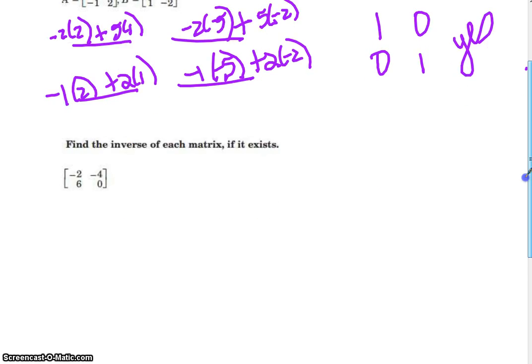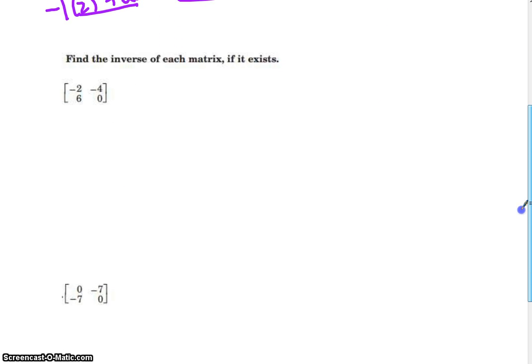Okay, so now on the next one, it's telling us find the inverse. And the way you find the inverse also uses a formula. Once again, you can have this formula on a note card. I encourage you to find the note card, add this to it if you need to. The first thing you're going to do is take 1 over AD minus BC.